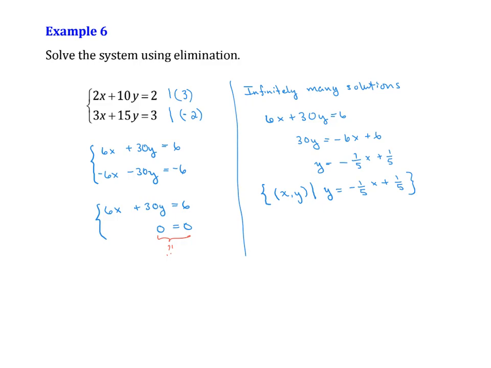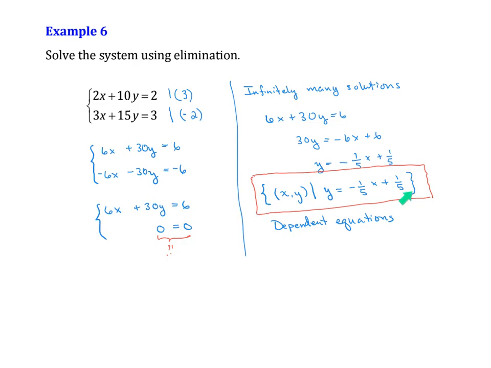These two lines are what we call dependent equations. So this is a consistent system. Consistent just means that there is a solution, but the equations are dependent, which means that at least one of the equations is redundant. So, key thing is, how do we write our answer whenever there are infinitely many solutions?